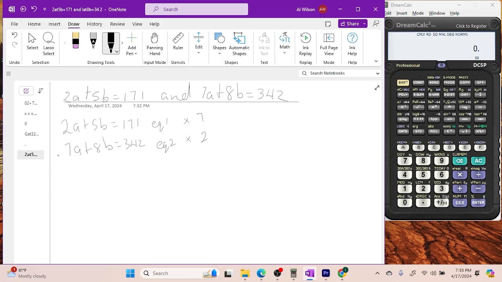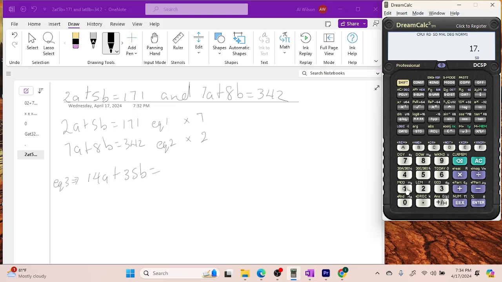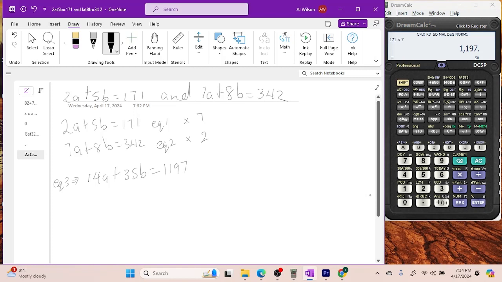So I'll write this in front. This is equation 3. 2a times 7 is 14a, plus 5b times 7 is 35b, is equal to 171 times 7, which is 1197.